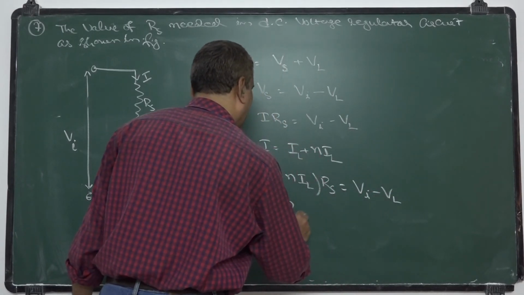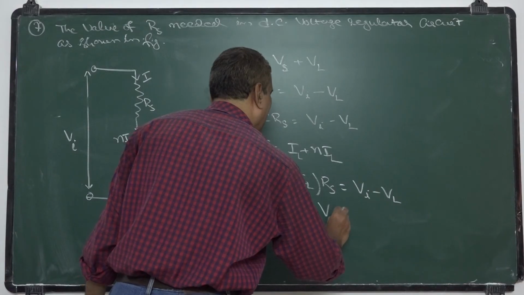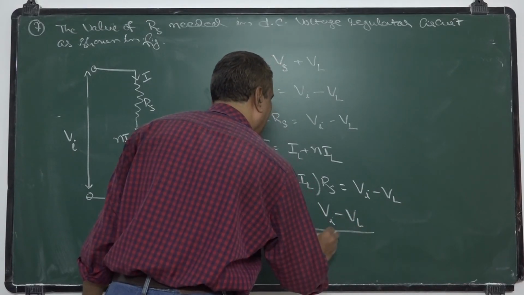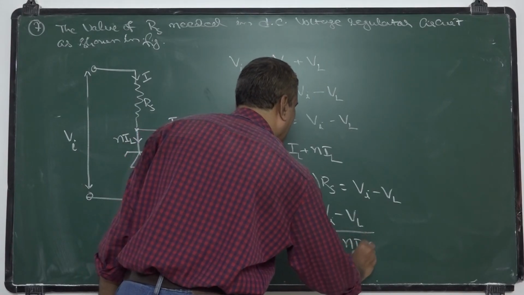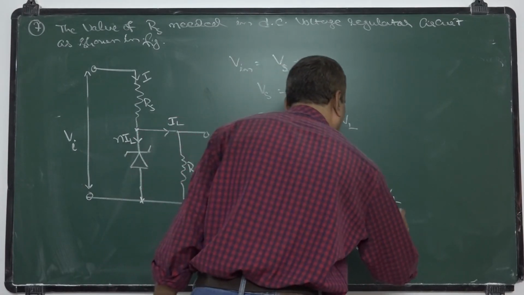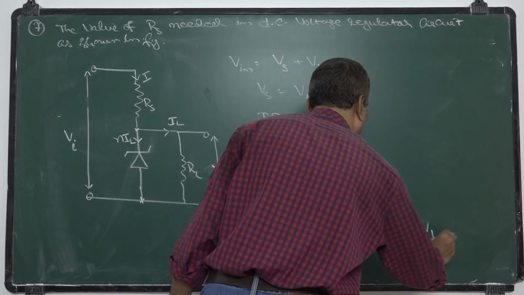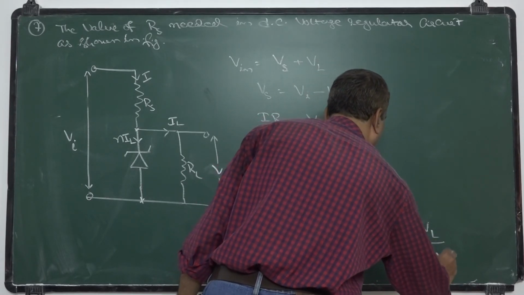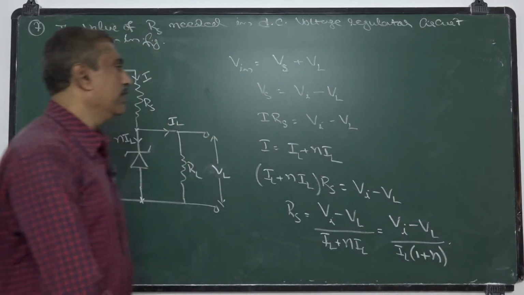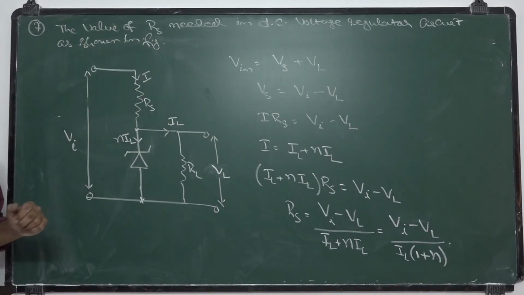So RS is equal to V in minus VL by IL plus NIL. Taking IL as common, VI minus VL by IL into 1 plus N. So that is the value required for the voltage regulation.